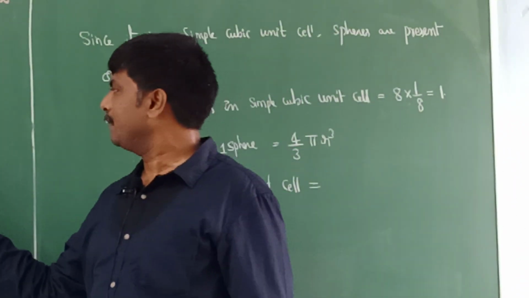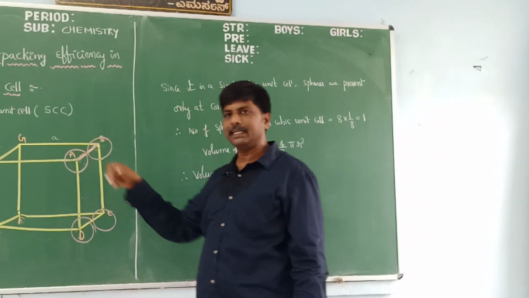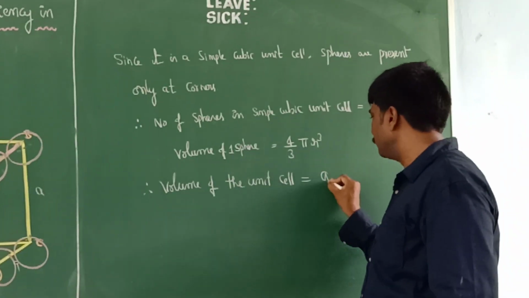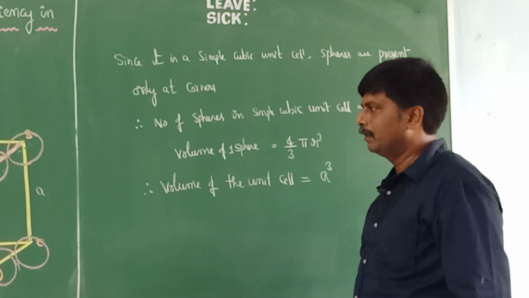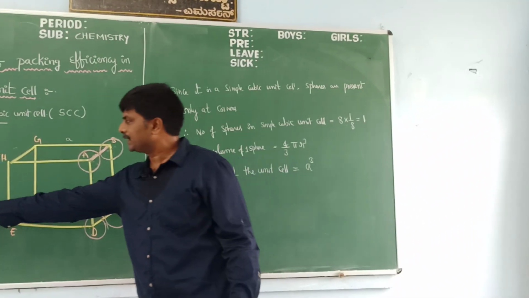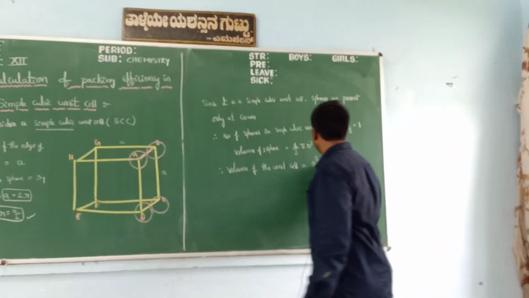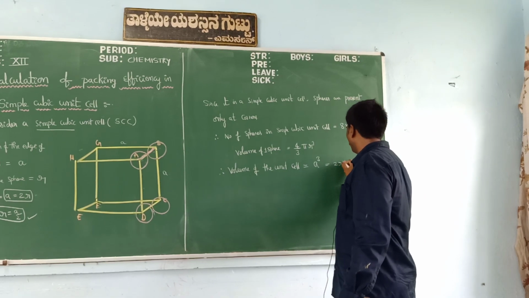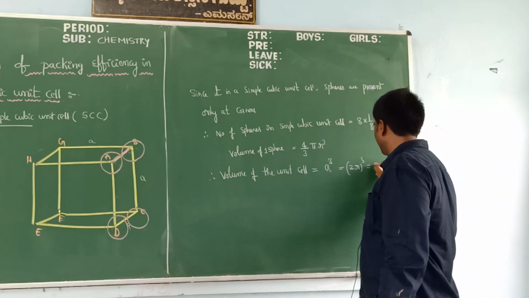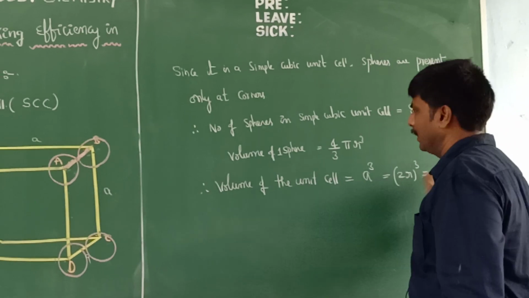It is length A, breadth A, height A. So volume of the unit cell is A cube. What is A? A is 2R, so A cube is 2R whole cube, which means 8R cube.